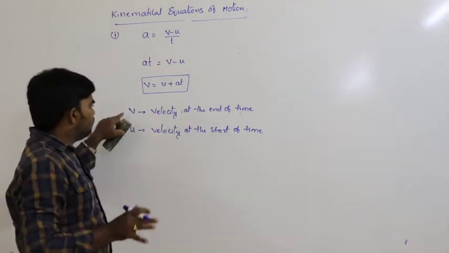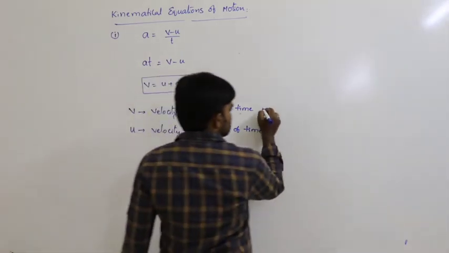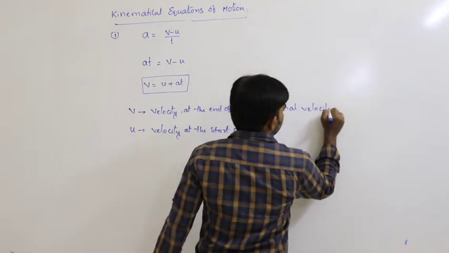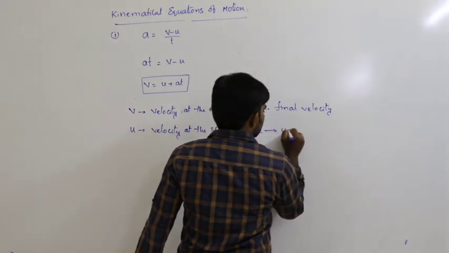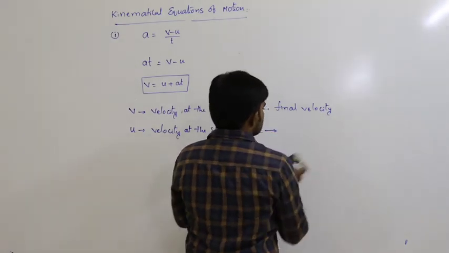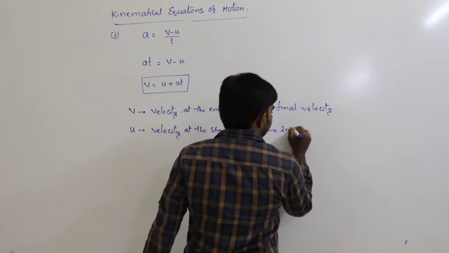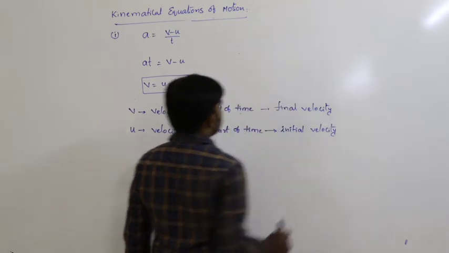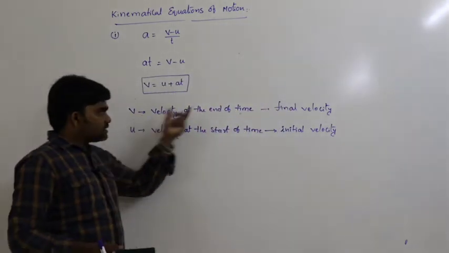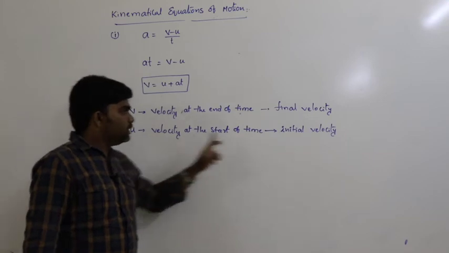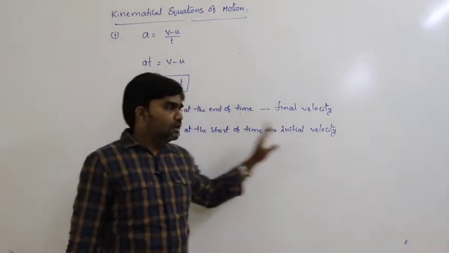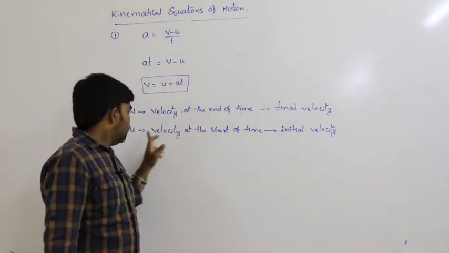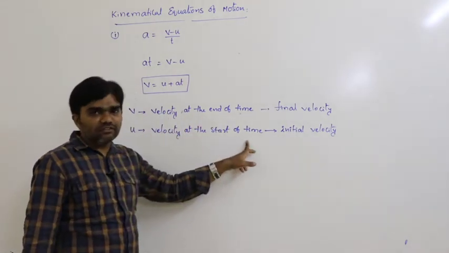Generally V is considered as final velocity and U is considered as initial velocity, but the actual representation of V is velocity at the end of the time and U is the velocity at the start of the time.